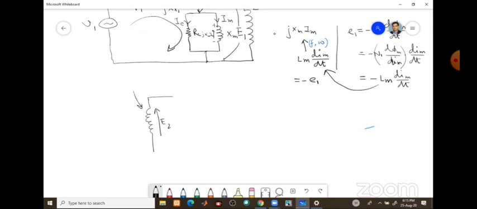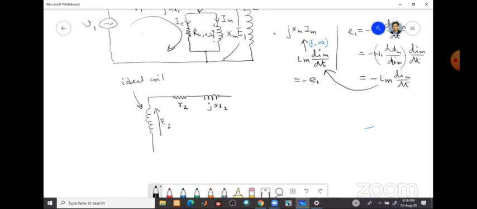It is an ideal coil, it doesn't have any reactance or resistance. After that, the secondary also has some resistance, that is R2, and some reactance, that is jXL2.